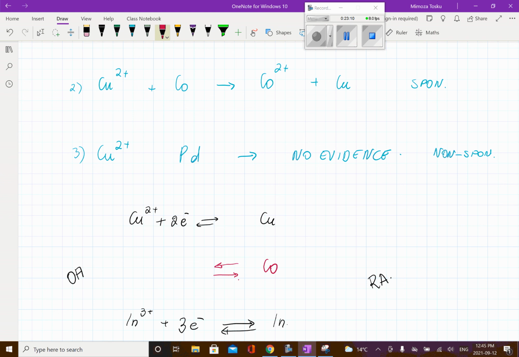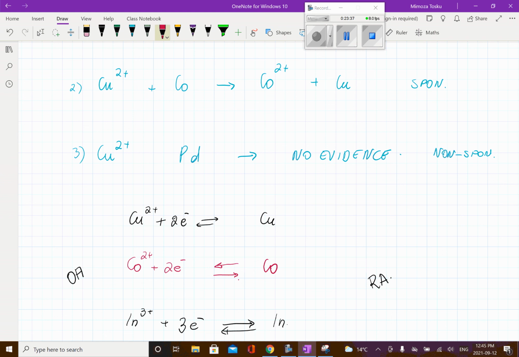And since we have cobalt 2 plus, we can write the equation as cobalt 2 plus plus 2 electrons gives us this. Great.